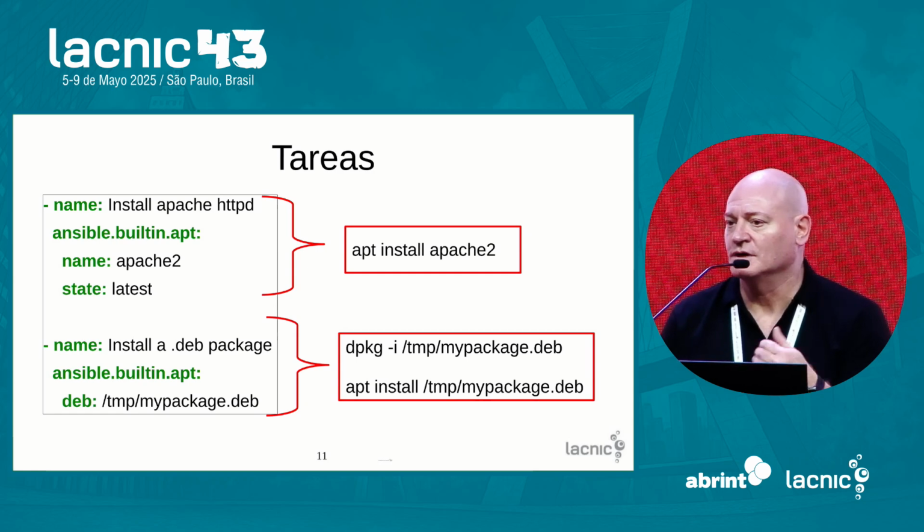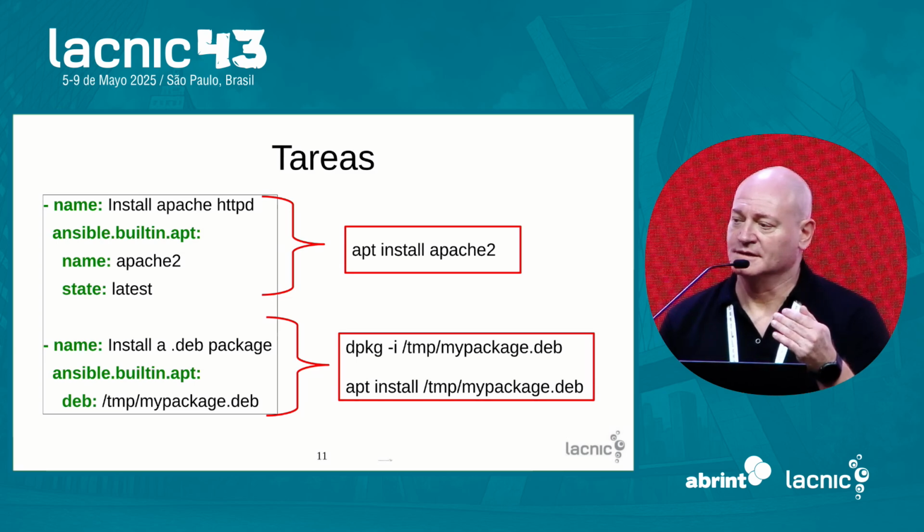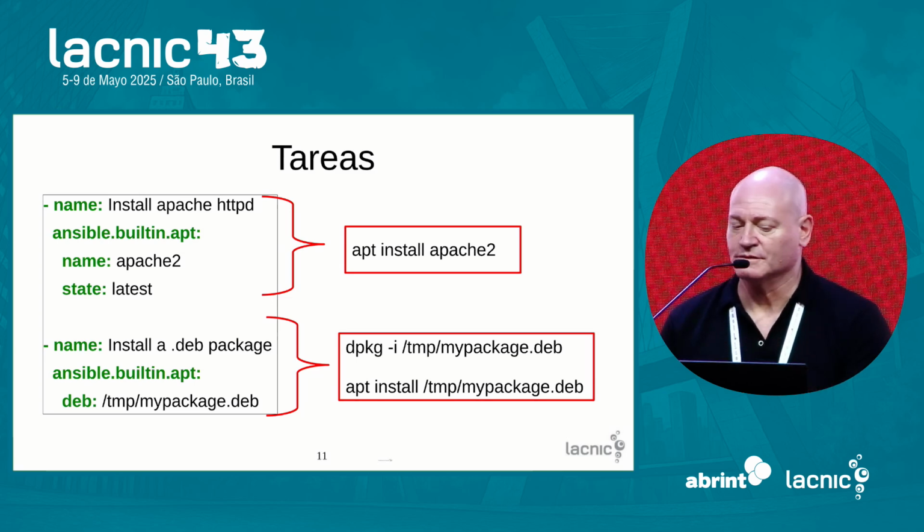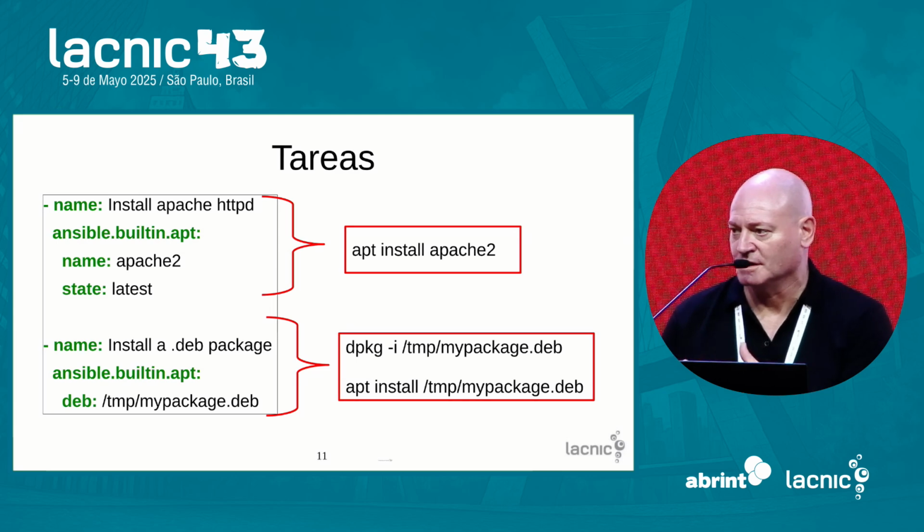And here, for instance, I'm going to use the APT module that comes with Ansible. So I just say what package I want to install. The name here refers to the module, not to the task, and the state. I say, for instance, well, install Apache 2. You know, Apache 2, it's a web server. And to install the latest version.